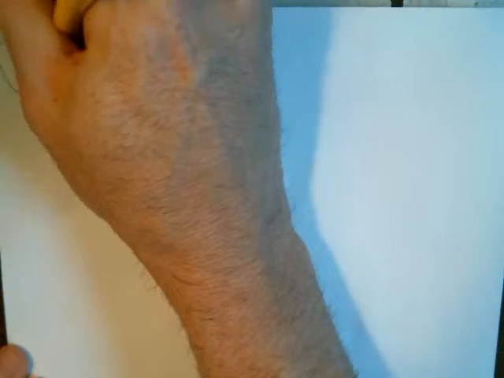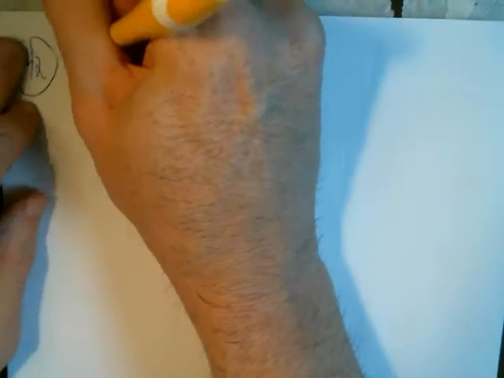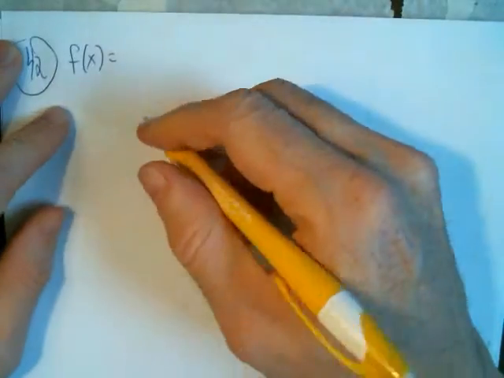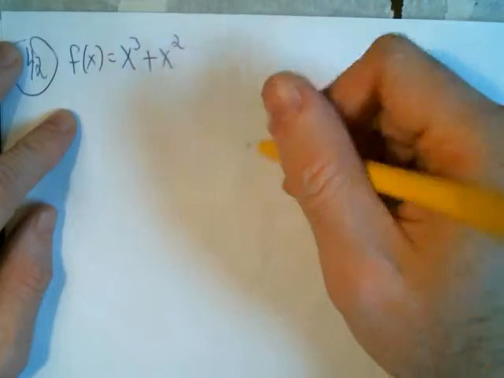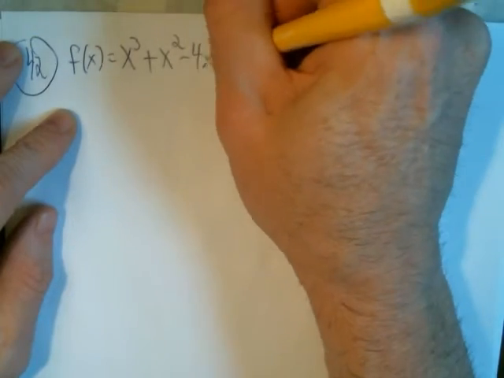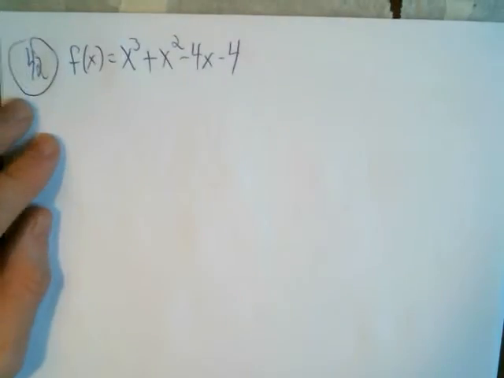Okay, so this is 42. And in particular then I have f of x equaling x cubed plus x squared minus 4x minus 4.